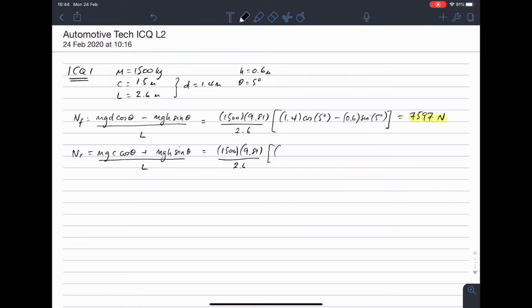And you have C, which is 1.6, cosine of 5 degrees plus 0.6 sine of 5 degrees. 7,062 newtons being the value for the rear normal load.